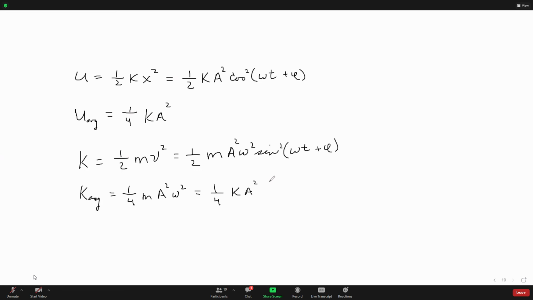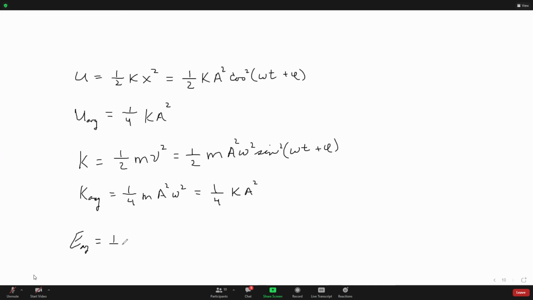So what am I saying? I'm saying that on average, the kinetic energy and the potential energy are equal. Over the course of a period, the average kinetic energy is equal to the average potential energy. The total energy on average is just going to be potential average plus kinetic average.